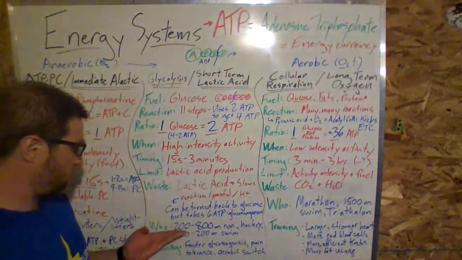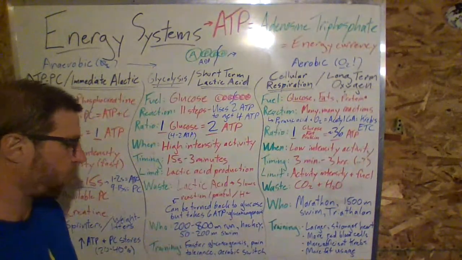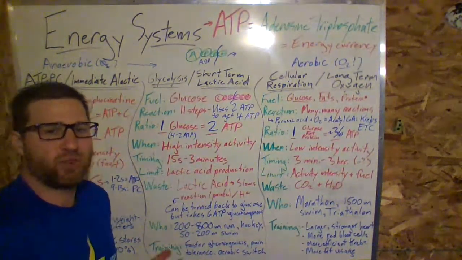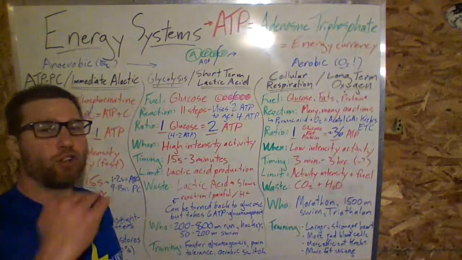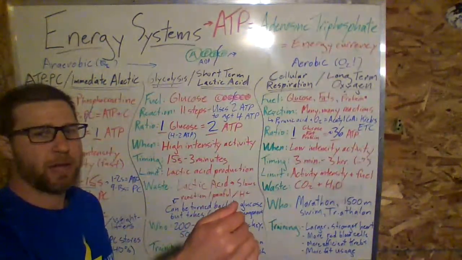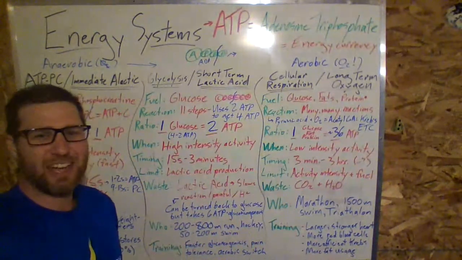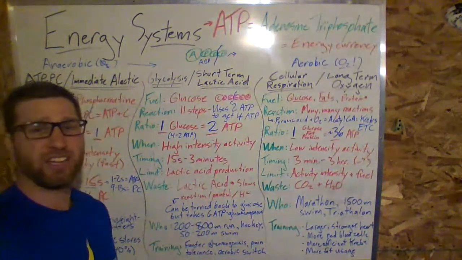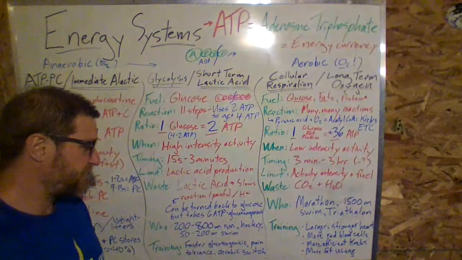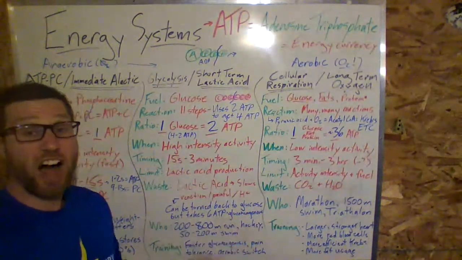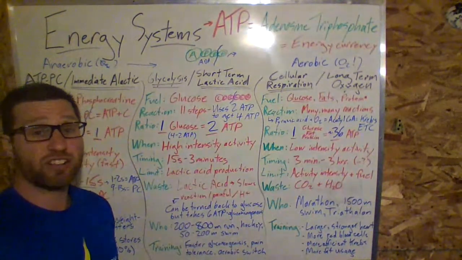So who is using this system? Well, anybody who's doing high intensity activity for longer than 15 seconds. Okay. So you think our 200 to 800 meter sprinters are really high lactic acid athletes. If you think of a sport like hockey, how long are the shifts in hockey?